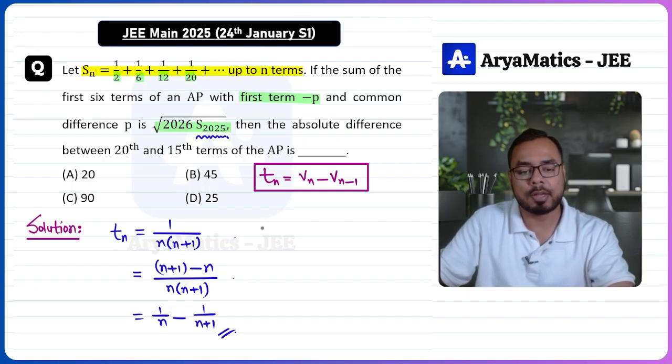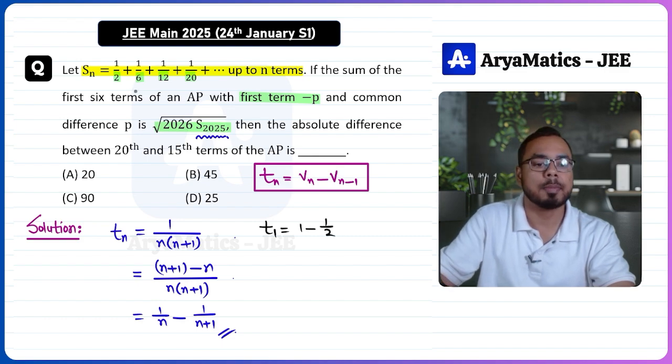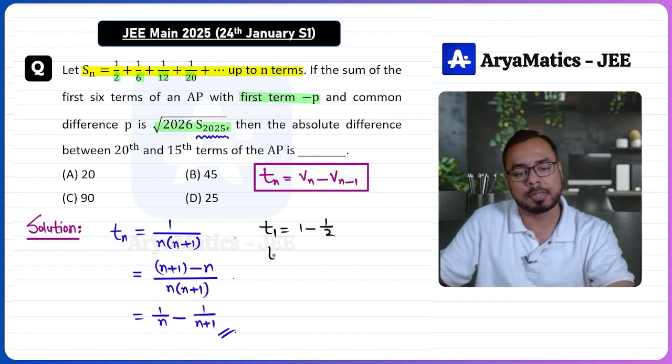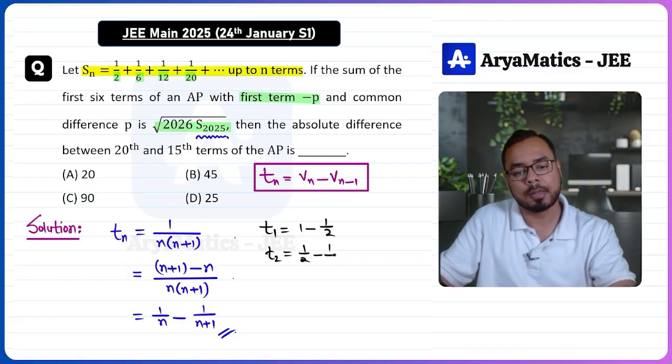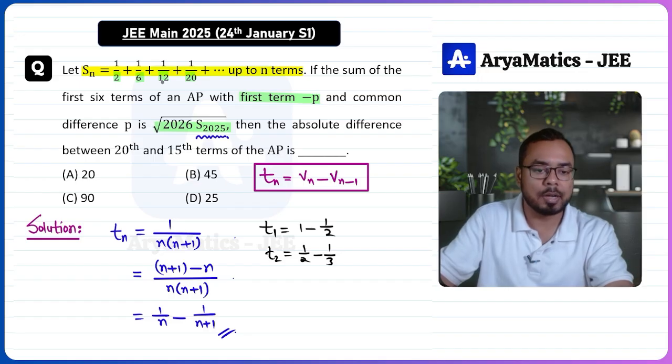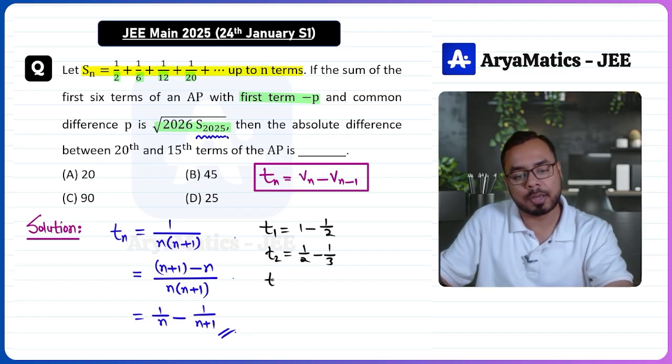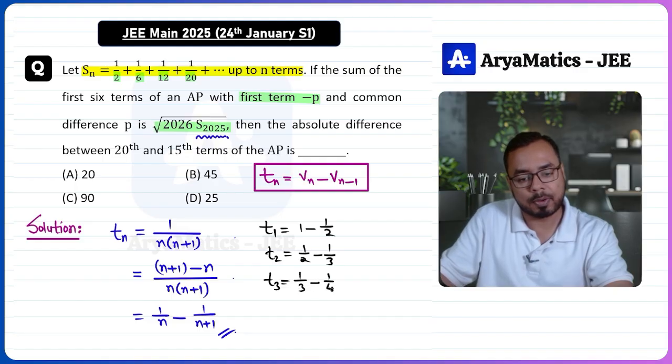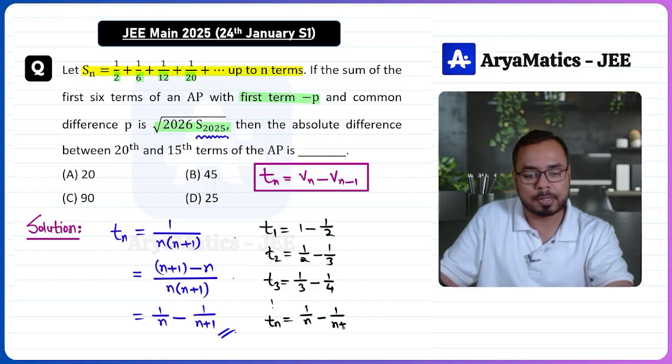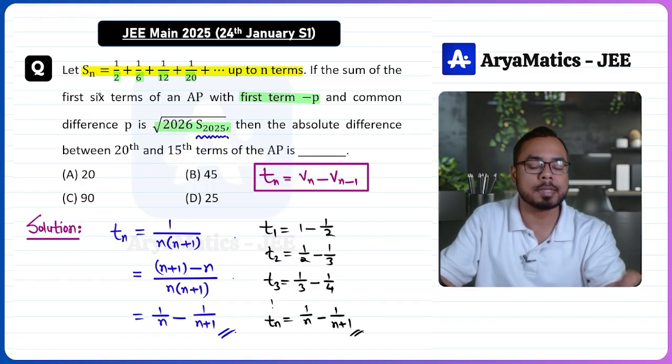Now if I calculate T1, the first term itself, this will be 1 minus 1 by 2. Similarly, the second term 1 by 6, this one can write as 1 by 2 minus 1 by 3. The third term 3 into 4 or 1 by 12, this you can write as 1 by 3 minus 1 by 4. And in this manner, the last term Tn will be 1 by n minus 1 by n plus 1.